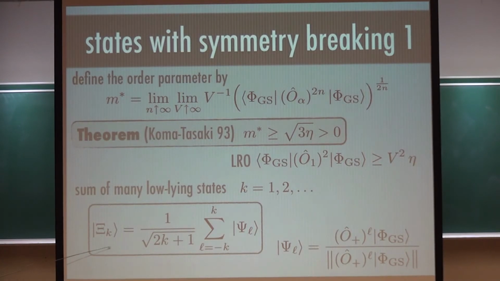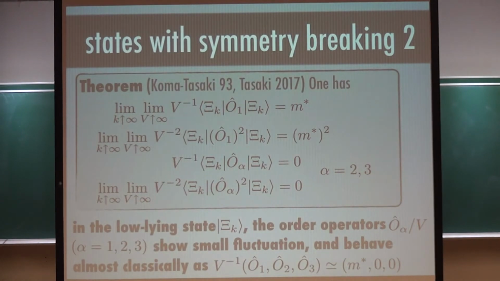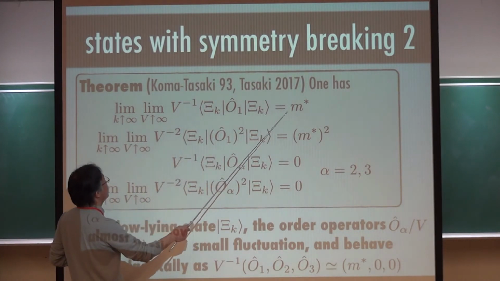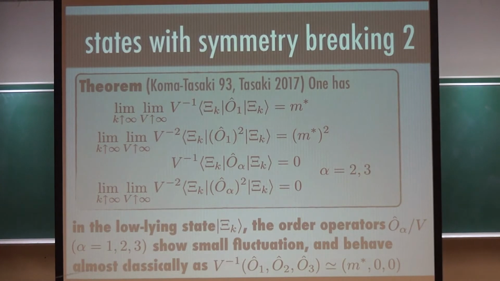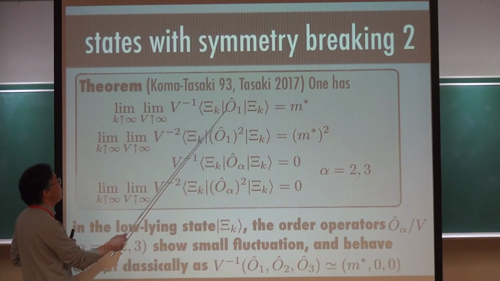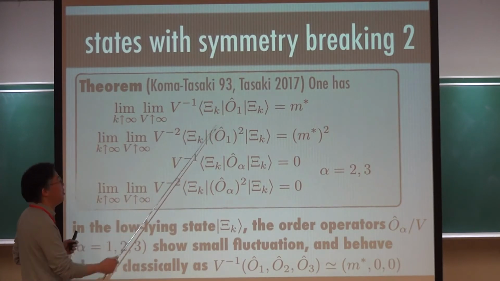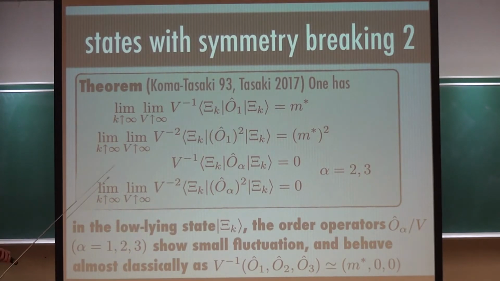Then what I could prove recently about this psi k is this. The inequality version of this one was in the old Tasaki, but all these are new. I first look at the expectation value of O1 divided by V in the infinite volume.